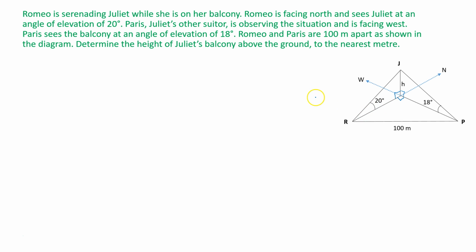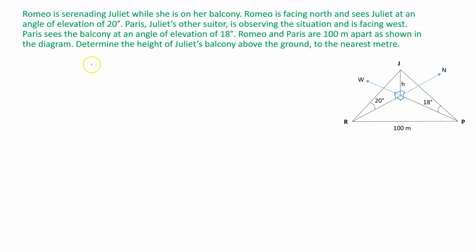So for a problem like this, you would think that you would need to use sine law and cosine law, but actually you don't have to use it, because we just don't have enough information in order to use sine law and cosine law. So what we're going to start with is we're going to write an expression for the left triangle.